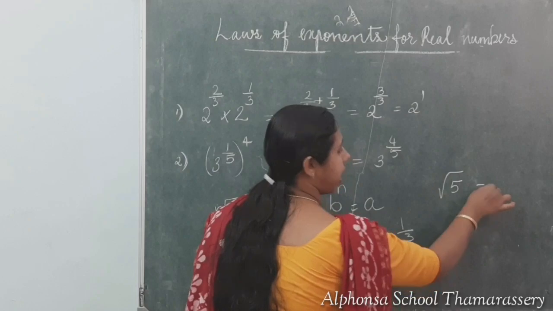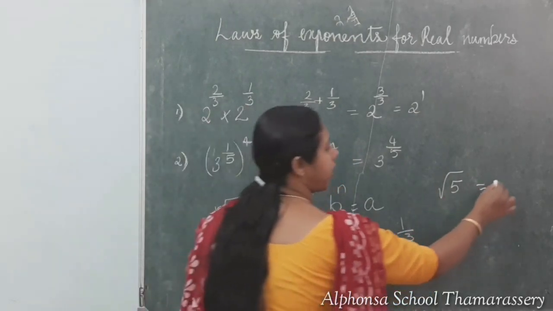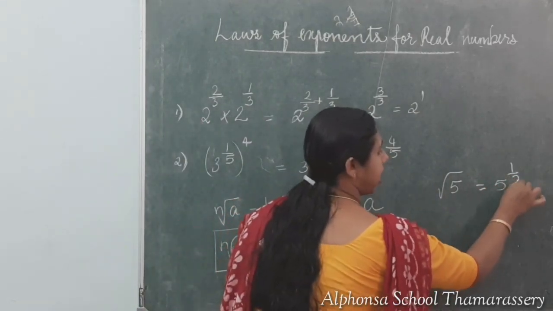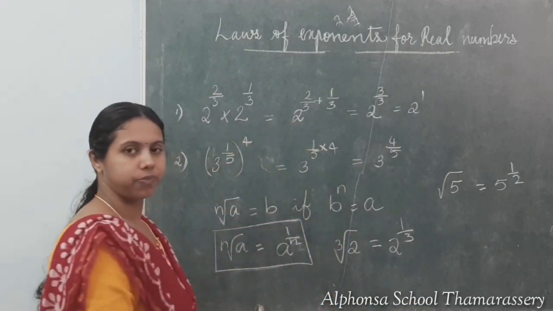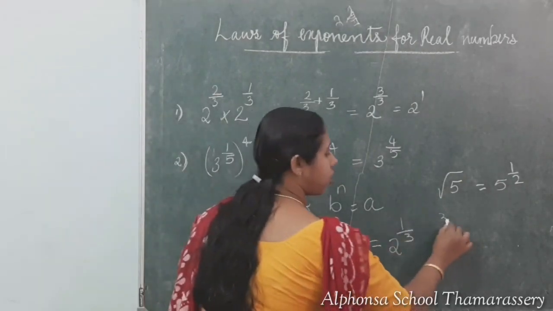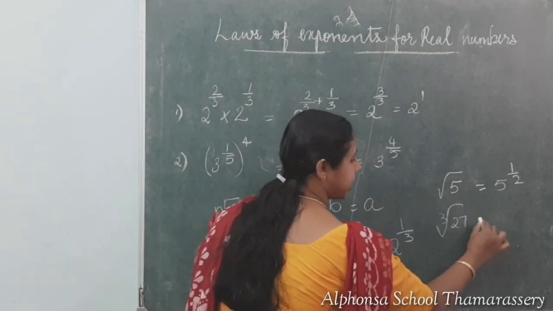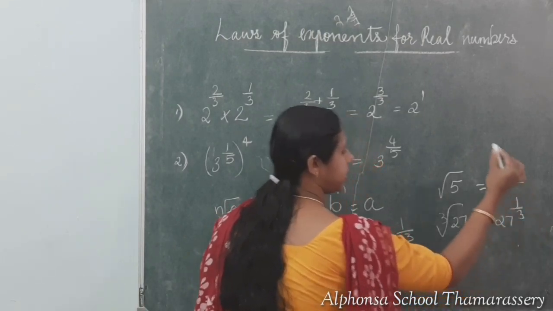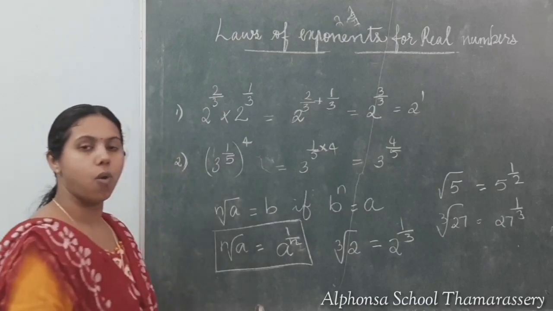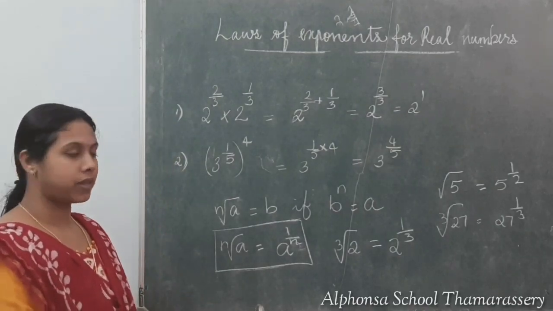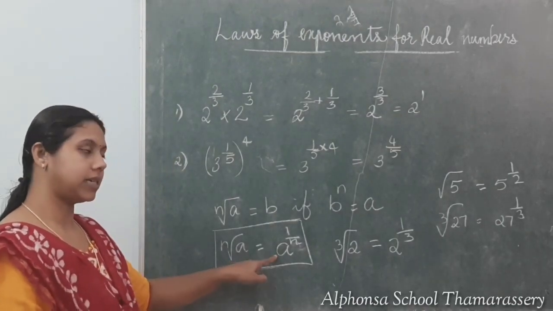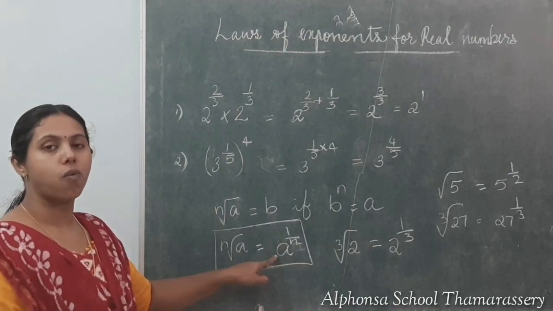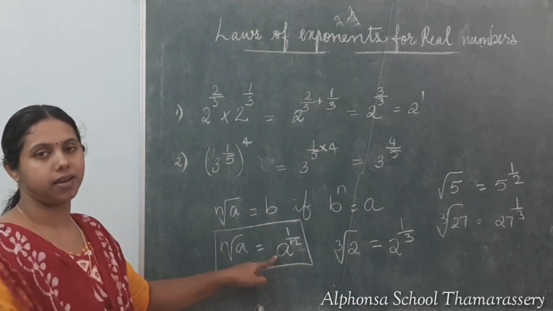Square root of 5 is equal to 5 raised to 1 by 2. Cube root of 27 we can write as 27 raised to 1 by 3. So nth root of a is equal to a raised to 1 by n.